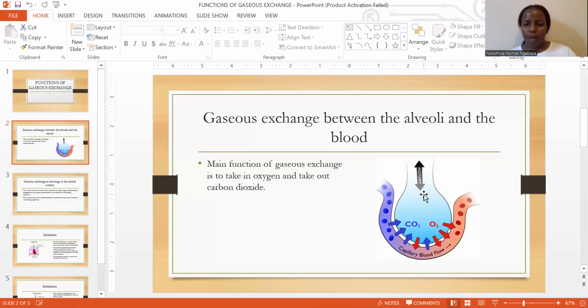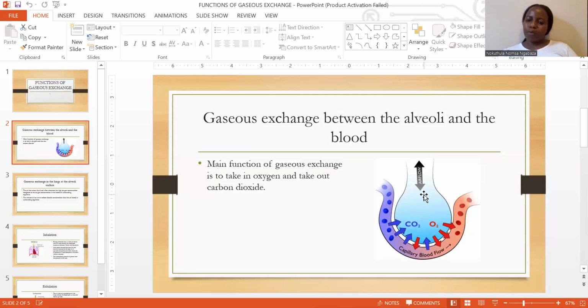In simpler words, each and every individual breathes in oxygen. When we are breathing in oxygen, that process is called inhalation. During inhalation, the air that is rich in oxygen is absorbed into your alveoli.